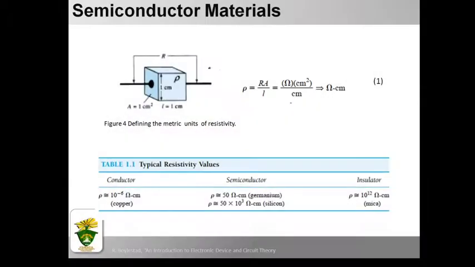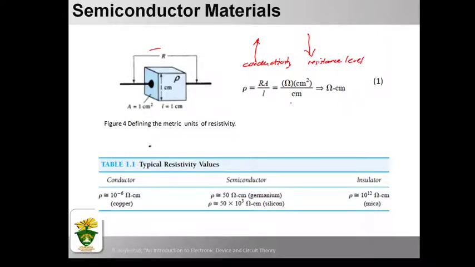Inversely proportional to the conductivity of a material is its resistance to the flow of charge or current. That is, the higher the conductivity, the lower the resistance level or the resistivity.